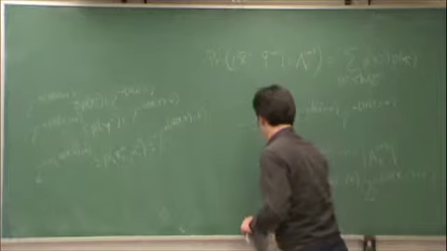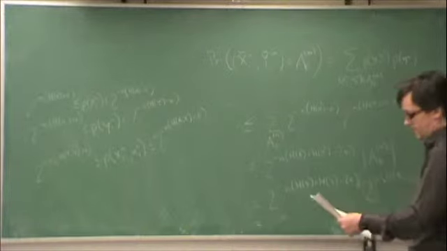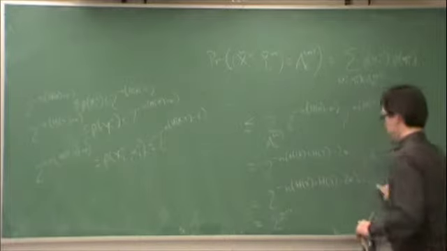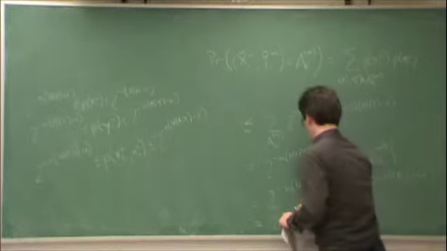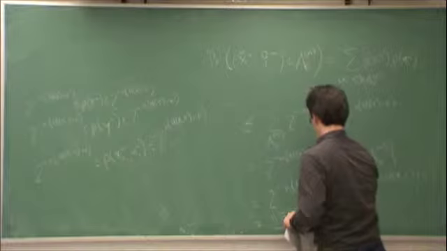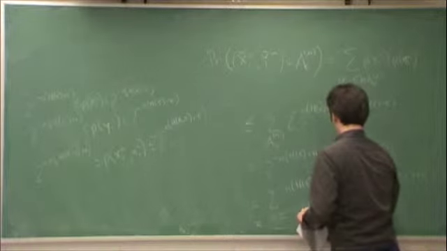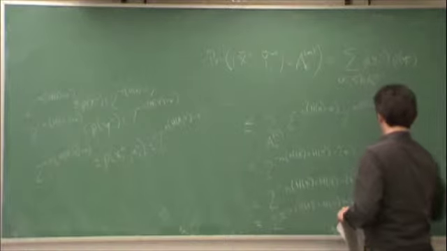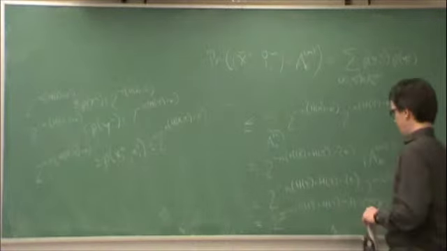So this is equal to 2 to the minus n. If I take out a minus n from here, I get 2 to the minus n h of x plus h of y minus h of x and y minus 3 epsilon.